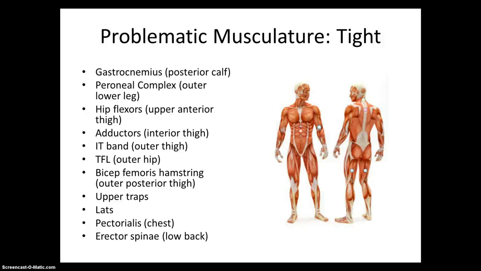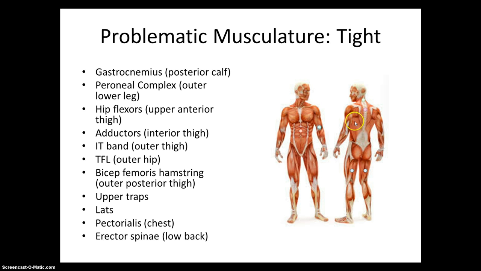Continuing with problematic or tight musculature, as we move up and out of the IT band, we're looking at our TFL, our outer hip here, upper traps here, and here on the anterior view, latissimus dorsi, and here's that thoracolumbar fascia I talked about.